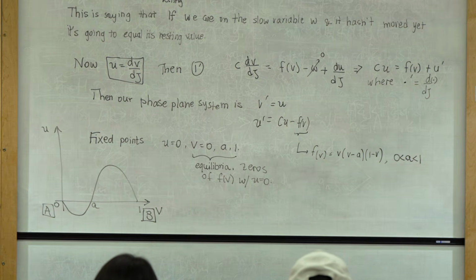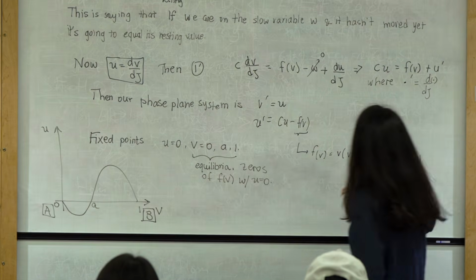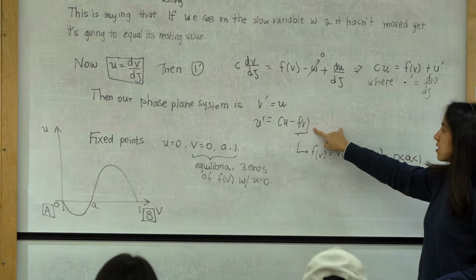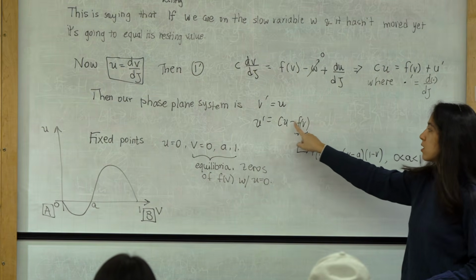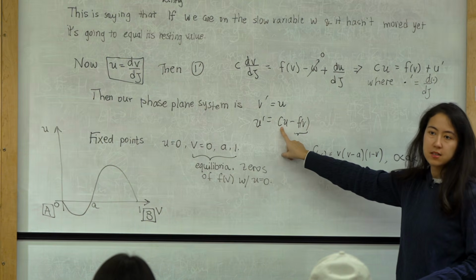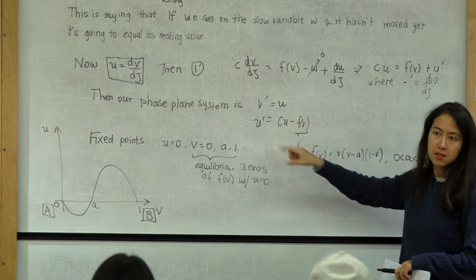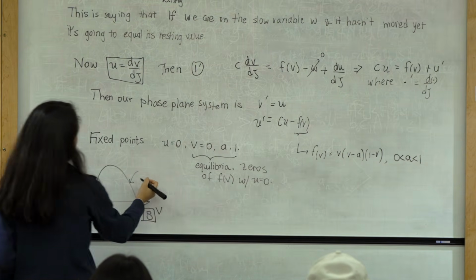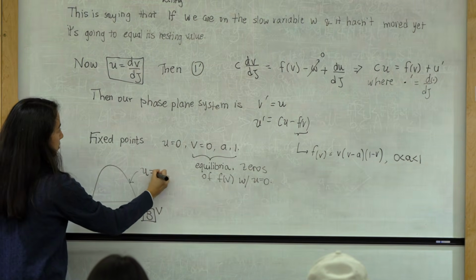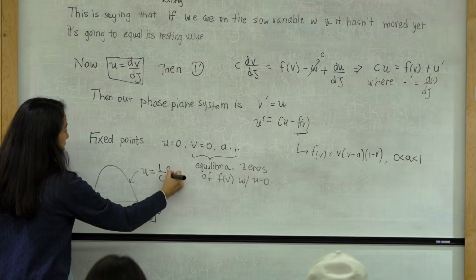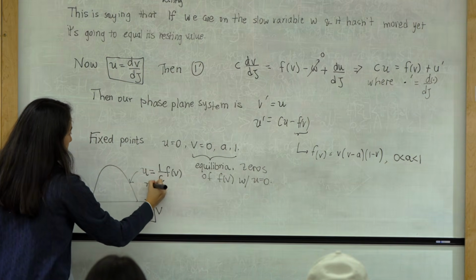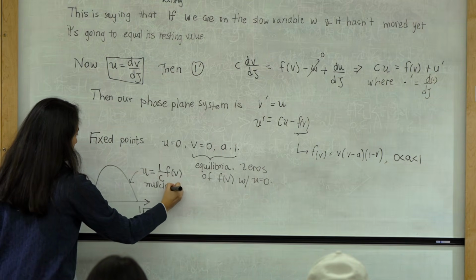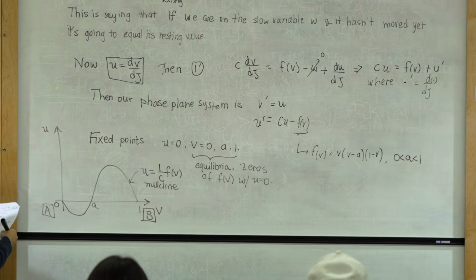We said the derivative is equal to 0, right? So if I set this thing equal to 0, I'm going to get that u is equal to f of v divided by c, where c is the wave speed, correct? So this thing here is the nullcline, and I know it's going to be u is equal to 1 over c f of v. Okay, any questions so far?